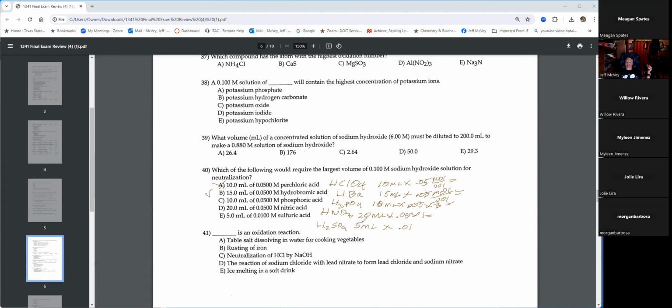Well, even though this is a diprotic acid, I have 1/5 of the concentration, and I have a quarter of the volume of the 20 mils and half the volume of the 10 mils of the triprotic. My guess is the answer is going to be C without doing any of the math. Okay, so let's go ahead and do C, see what we get.